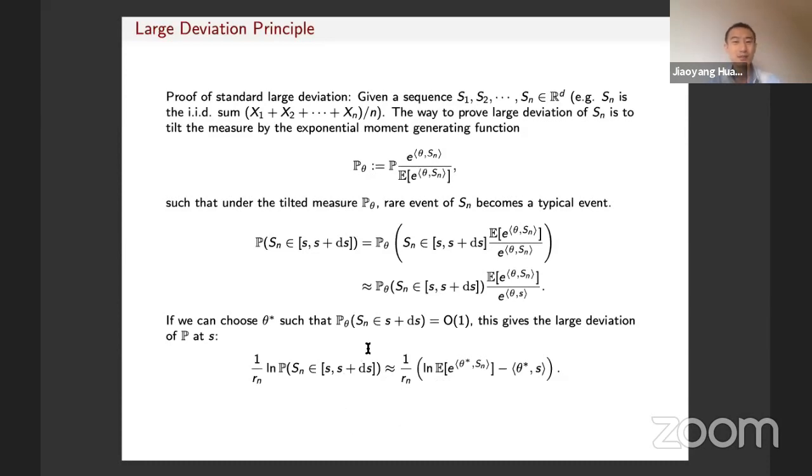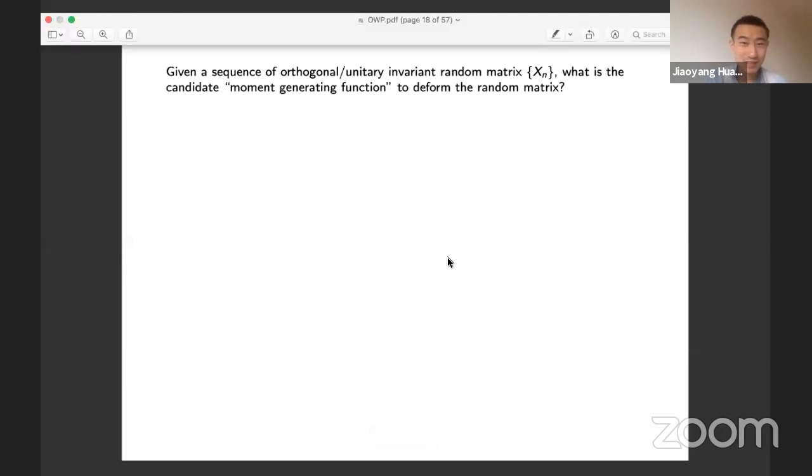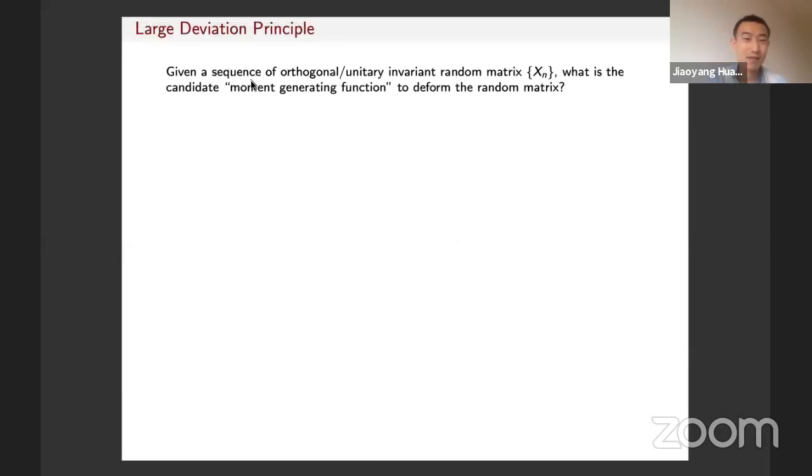If we want to carry out this argument in our setting for random matrices, for example, if we have a sequence of orthogonal or unitary invariant random matrices Xn, like U An U star or U An U star plus V Bn V star, then we need to figure out what moment generating function we can use to tilt this random matrix.